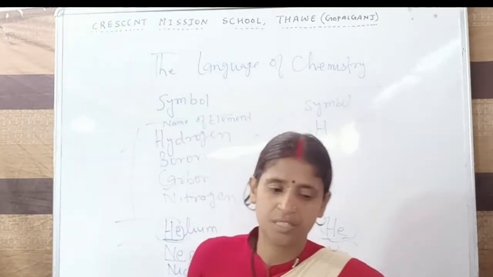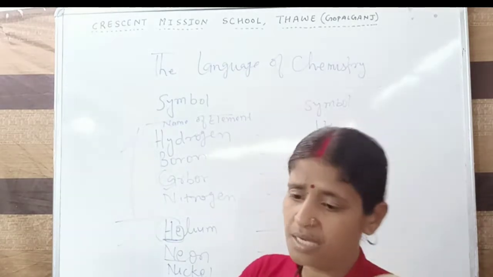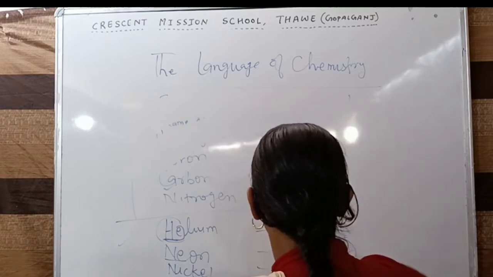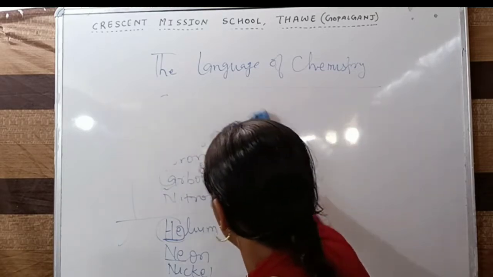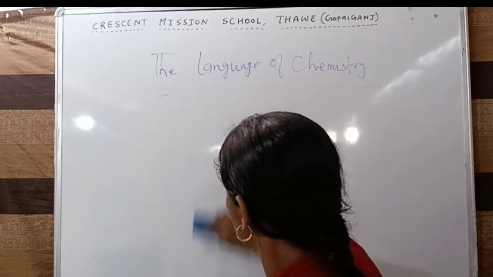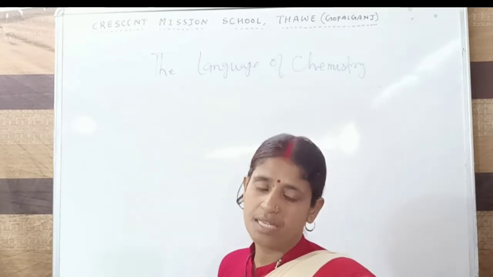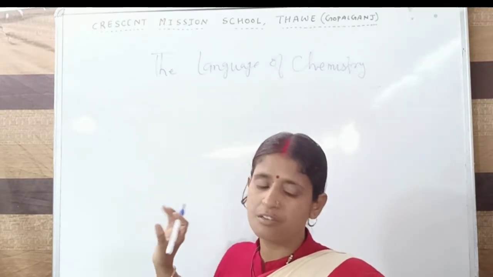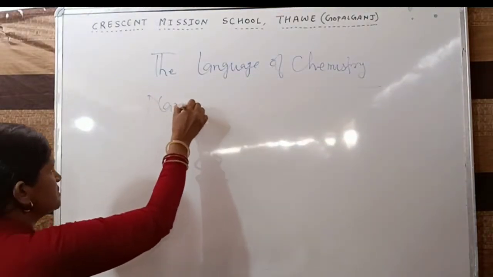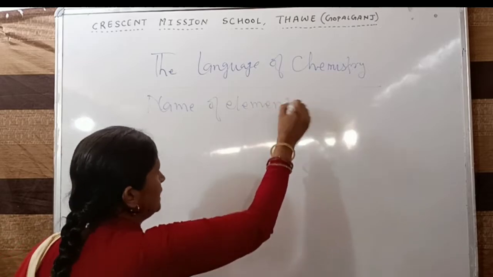After that, one or two letters of the Latin name of the element. The third way: more elements are derived from their Latin names, and their symbols are also on the basis of their Latin names, such as the names of elements and their symbols.